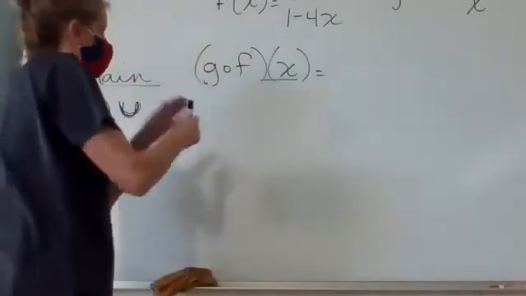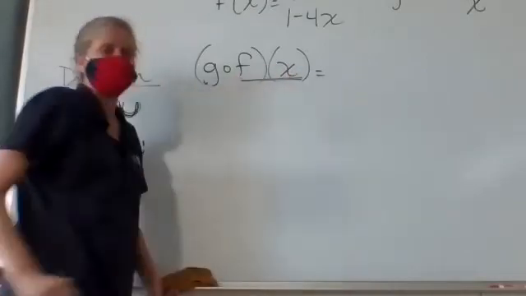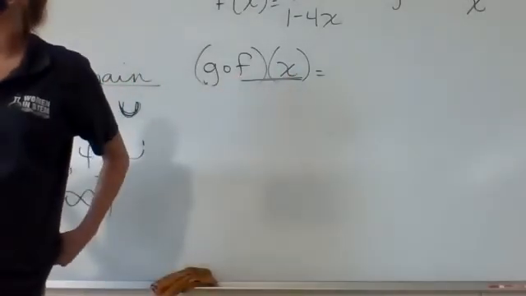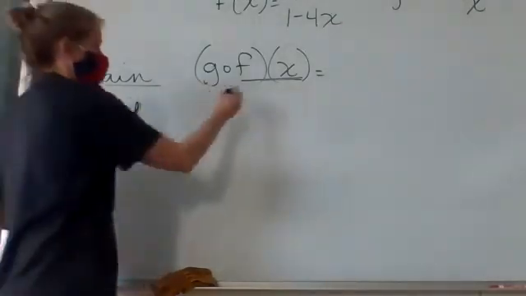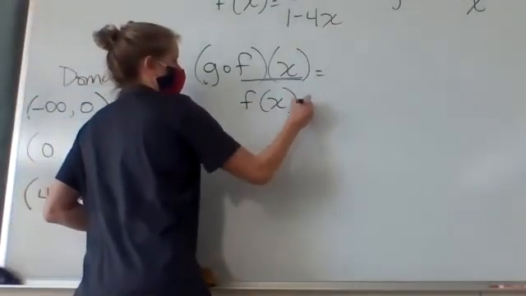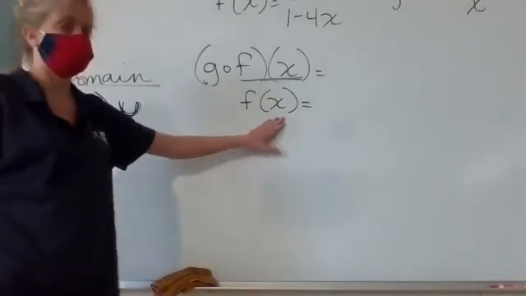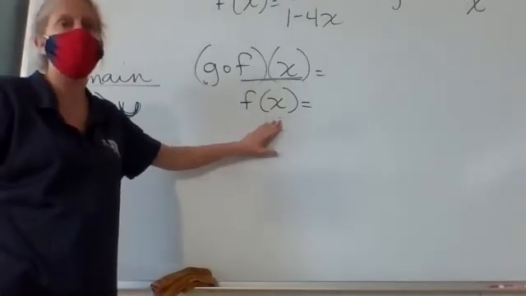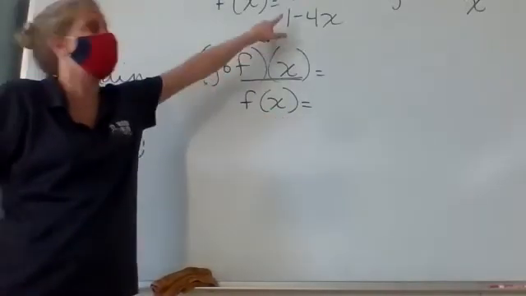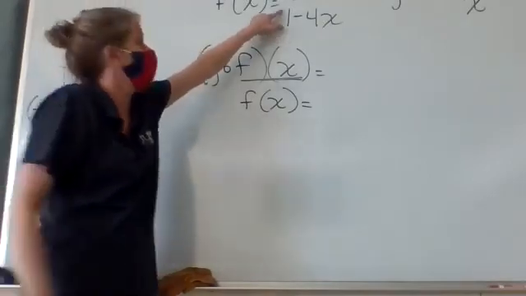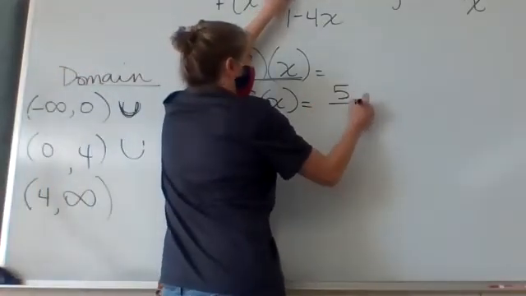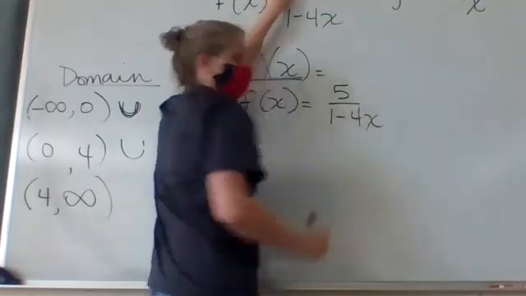All right, following the pattern. The first thing is f of x. Again, the only good part about this problem is I know what f of x is, right? The problem tells me what f of x is. It's 5 over 1 minus 4x.